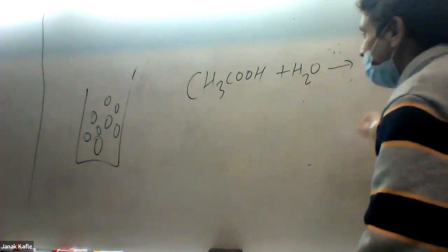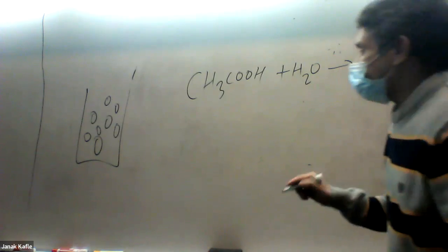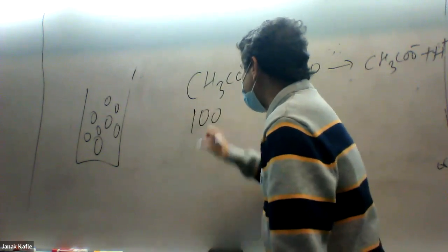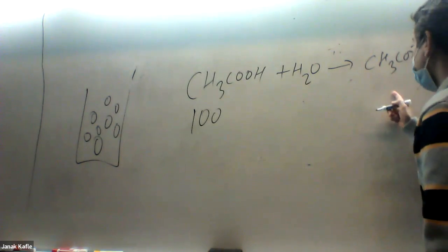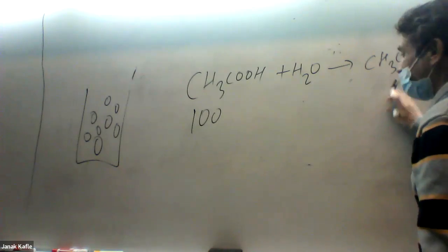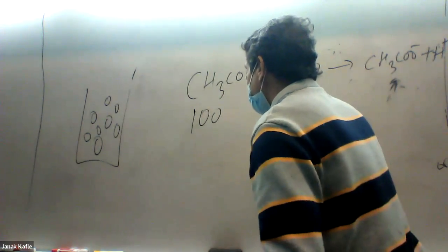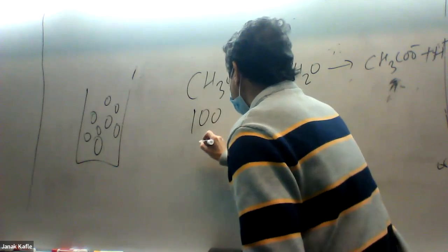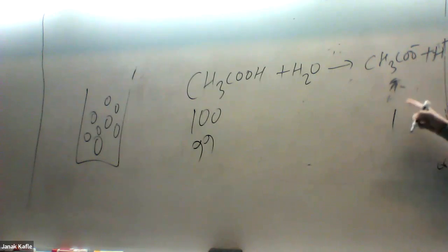Is it product favored or reactant favored? I told you I start with 100 and only one molecule breaks. At the beginning the product is 0 and I have 100 reactant, but after 10 or 20 minutes I have 99 of those and only 1 product, so I can never get more than 1 here.